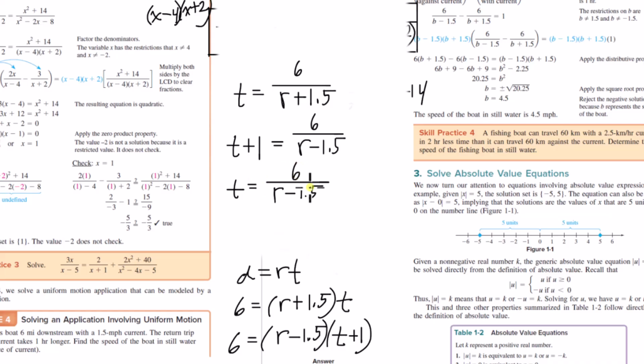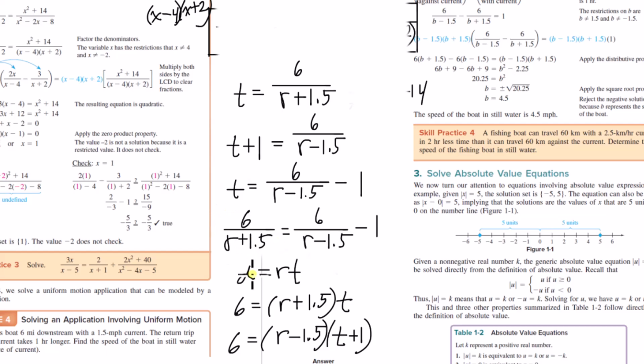So we've got then minus 1. And so there we go. We can set these two t's equal to each other, and we're left with one equation and one unknown. So we've got 6 over r plus 1.5 is equal to then 6 over r minus 1.5 minus 1. And so there you go.